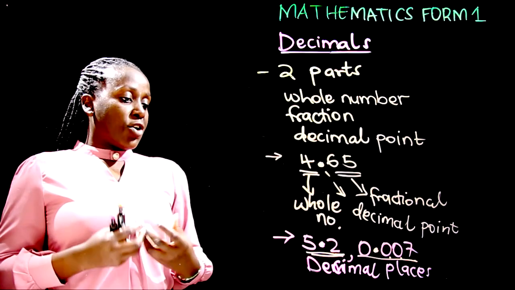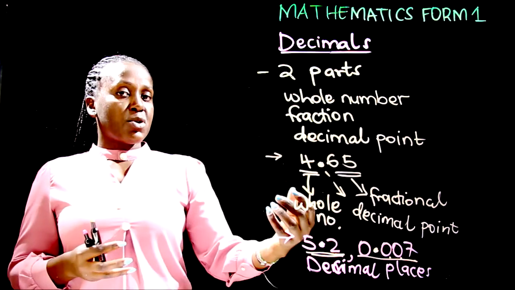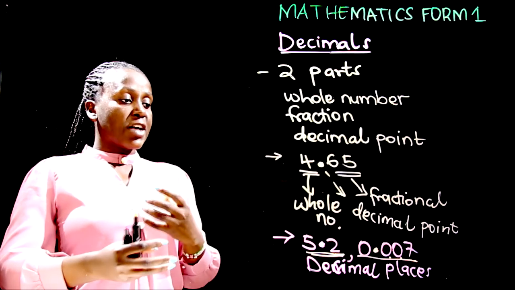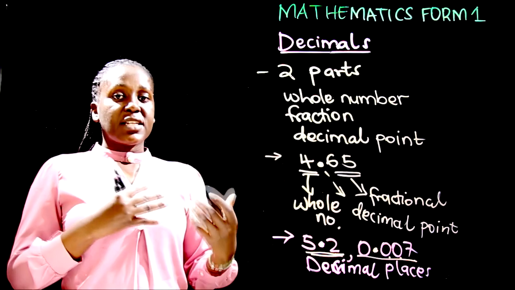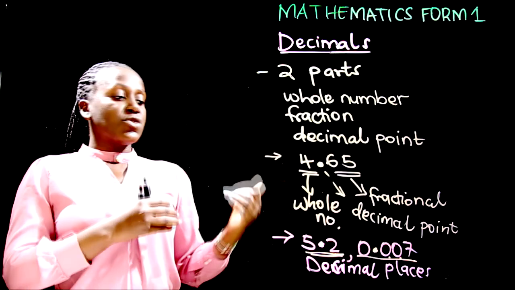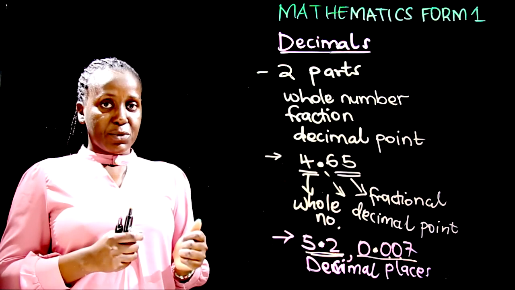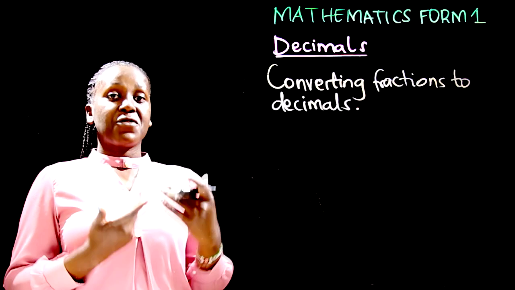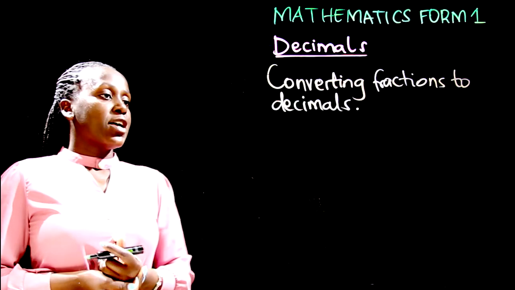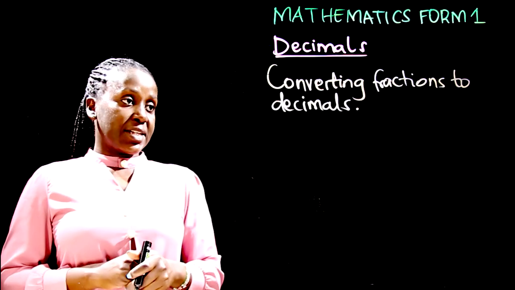Now, you can always convert between decimals and fractions, and fractions and decimals. So you're going to look at how you can change a decimal into a fraction, and how you can change a fraction into a decimal. We are going to begin by converting fractions into decimals, using an example.